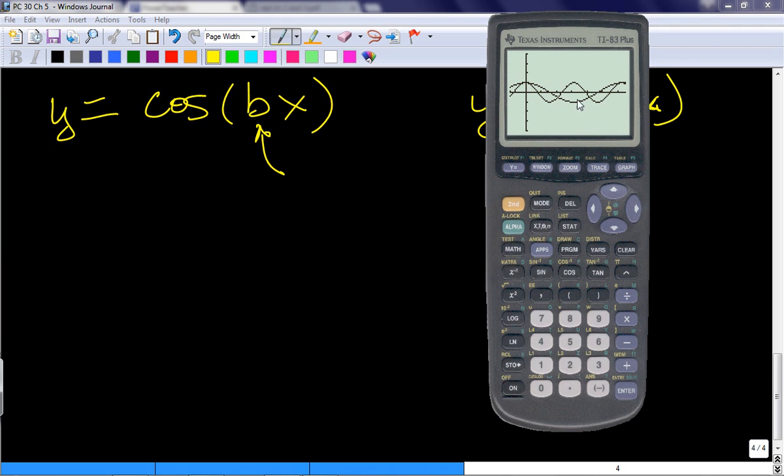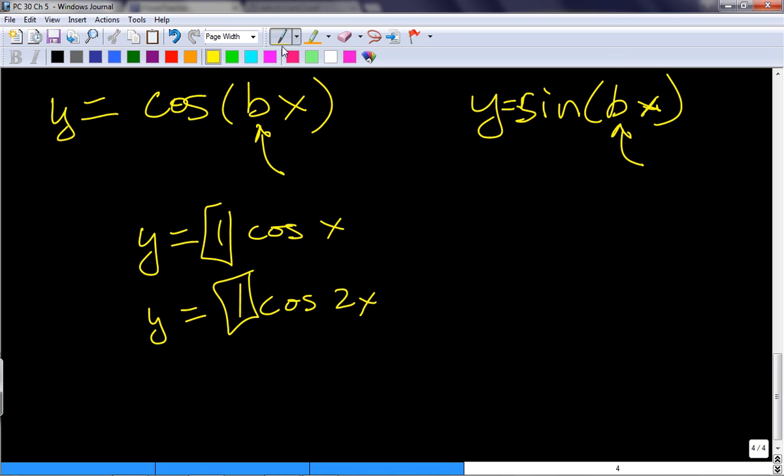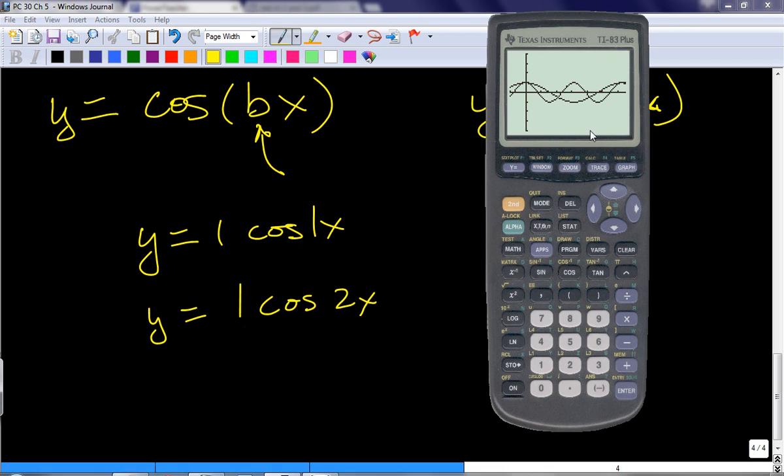So that's what these two look like. Now we'll notice that the amplitude is the same. It's 1, which would make sense because if we have y equals 1 cos x and y equals 1 cos 2x, we see that the a value is the same. So that's good to know. If b is 1, we have our normal cos x graph. If b is 2, we notice something interesting that happens.